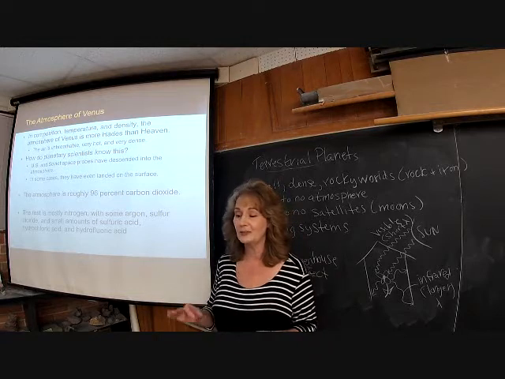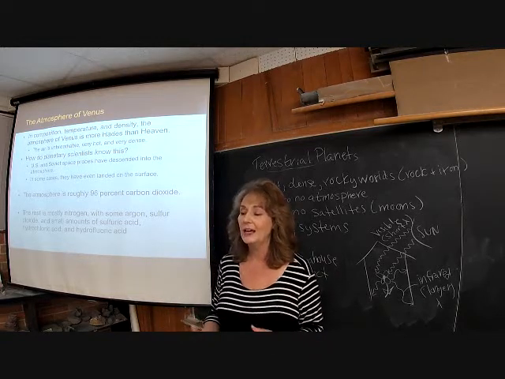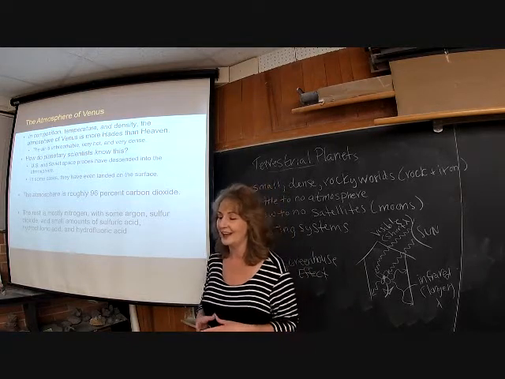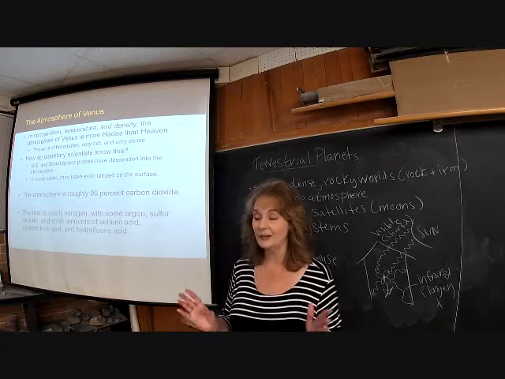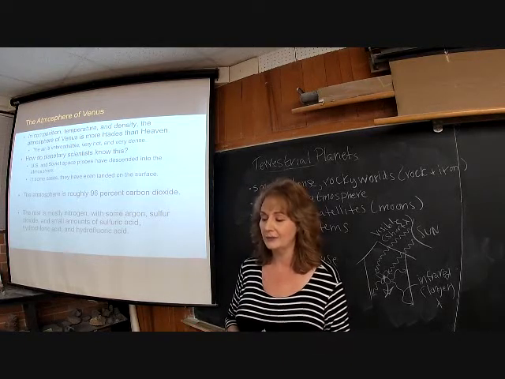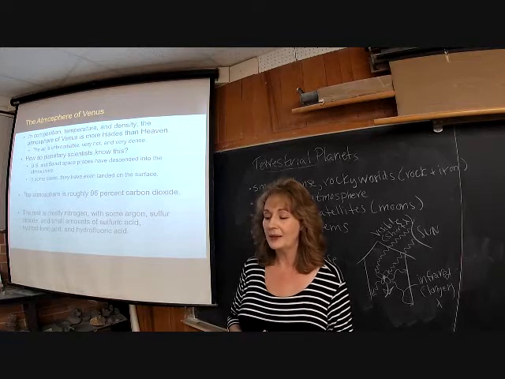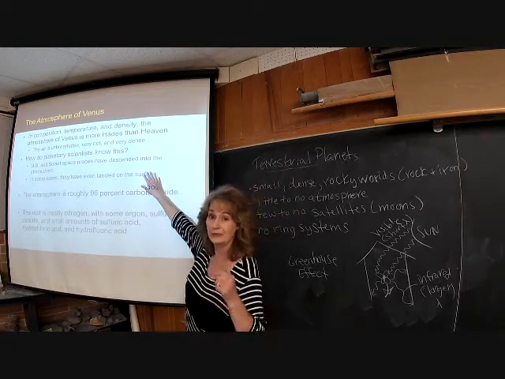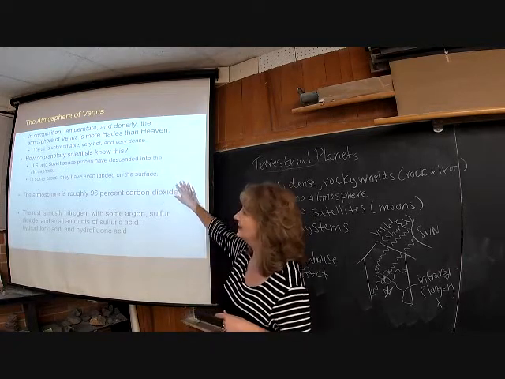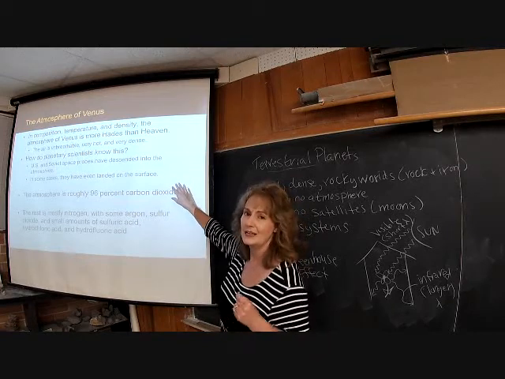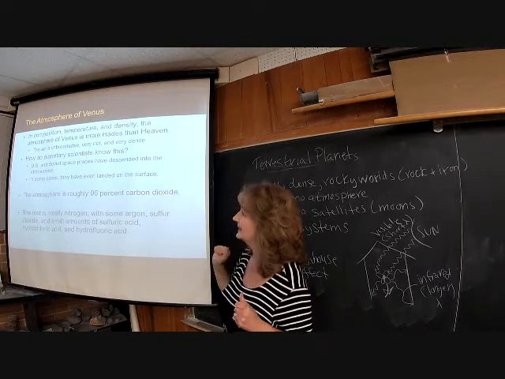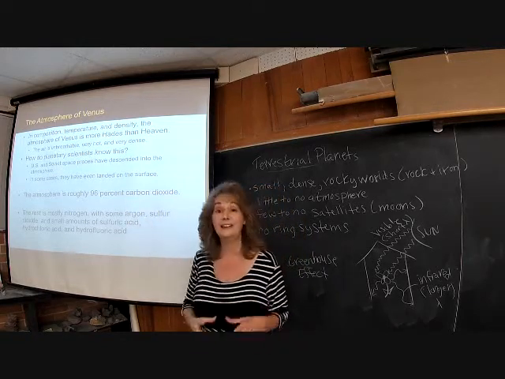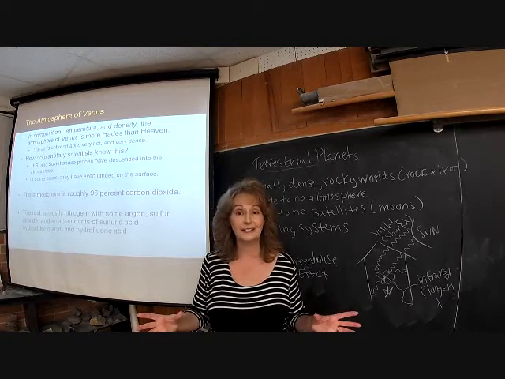So composition, temperature, density, atmosphere, making it more like Hades than heaven, they're saying here, because it's very, very hot there. Air is unbreathable, it's very dense, very hot. Runaway greenhouse effect on here. And so what's going on, you know, they have sent some space probes down there, okay, that survive and descend through the atmosphere. Some of them even made it to the surface of Venus and signaled back some good information from it. But the atmosphere is about 96% carbon dioxide.